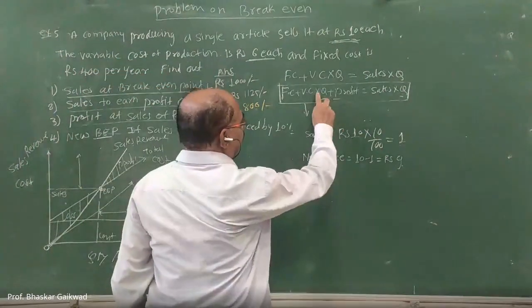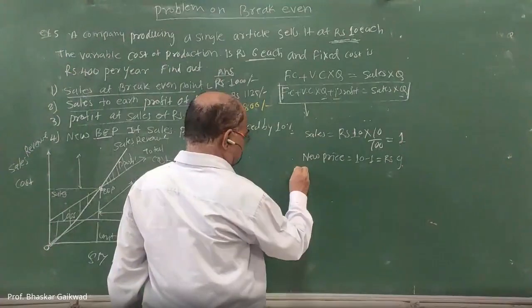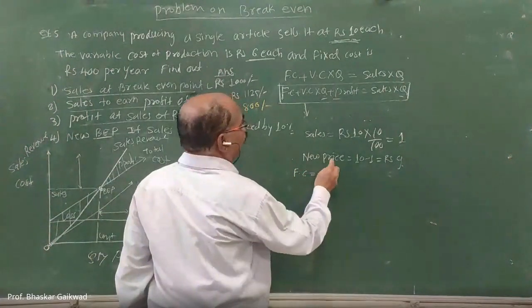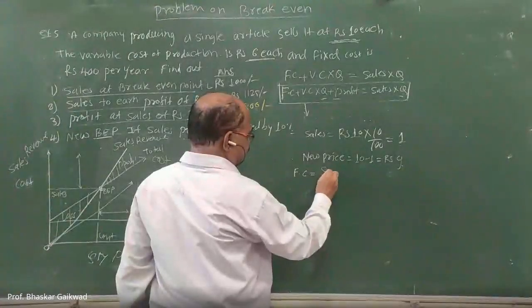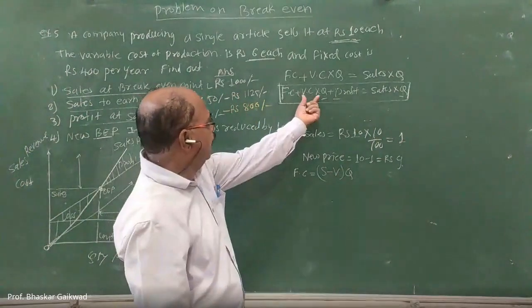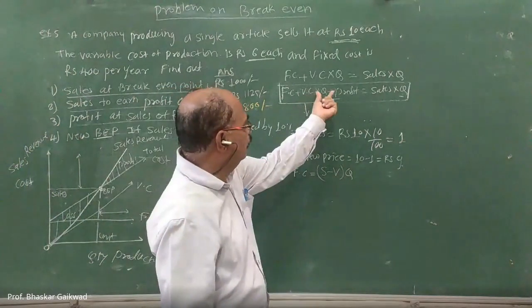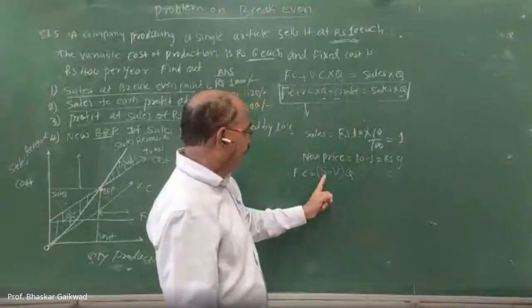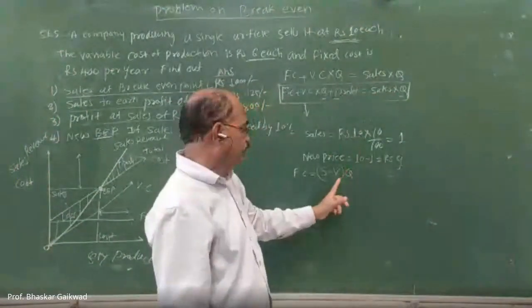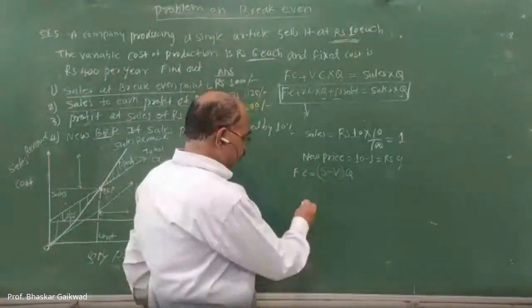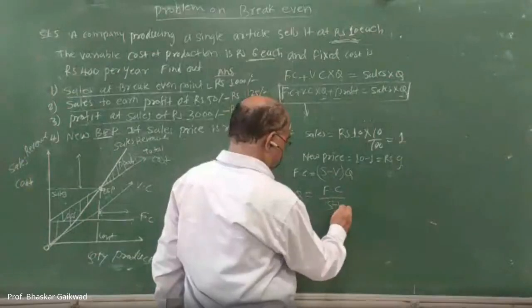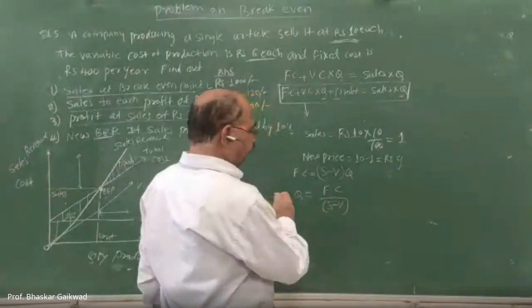So FC is equal to sales minus variable cost, into quantity. I have taken Q common. So the quantity is FC divided by S minus V.